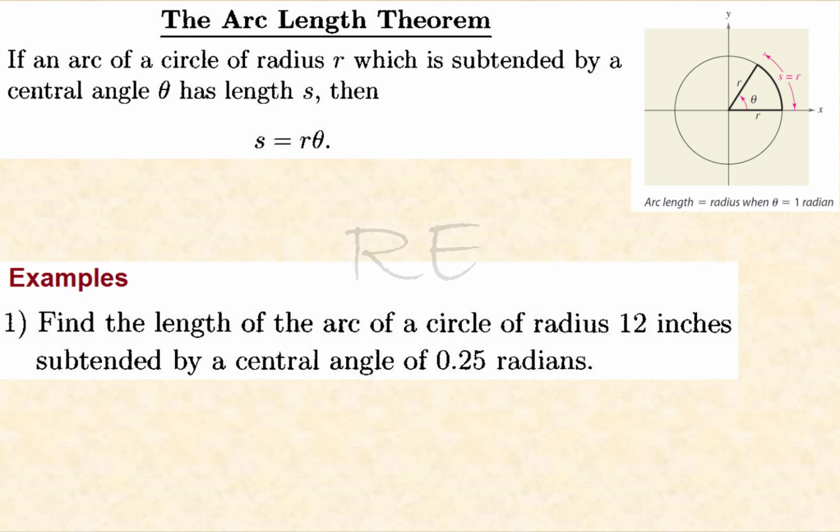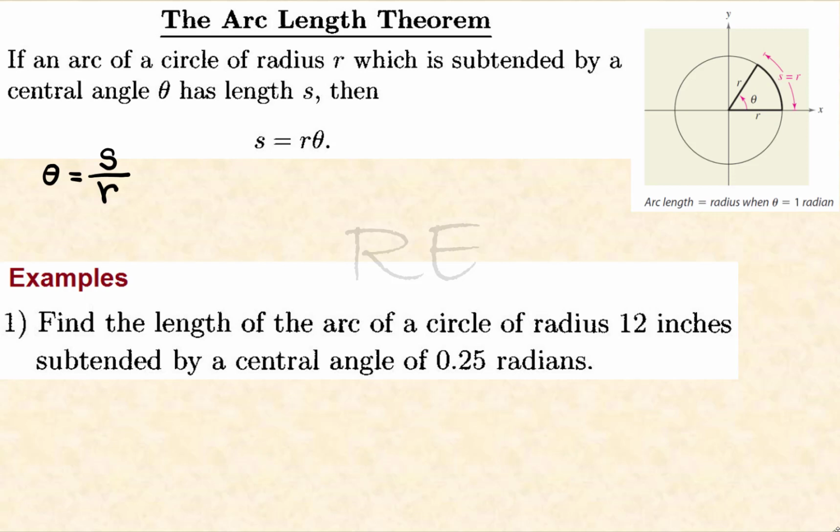If an arc of a circle of radius r, which is subtended by a central angle theta, has length s, then s is equal to r theta. Remember that theta is equal to the arc length divided by the radius.